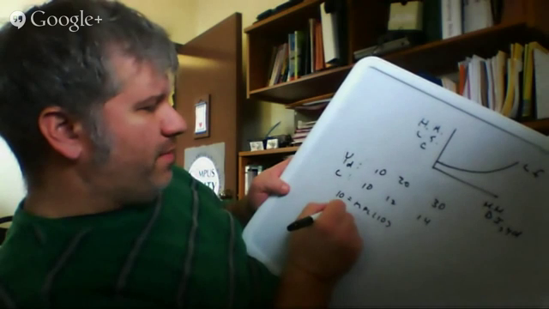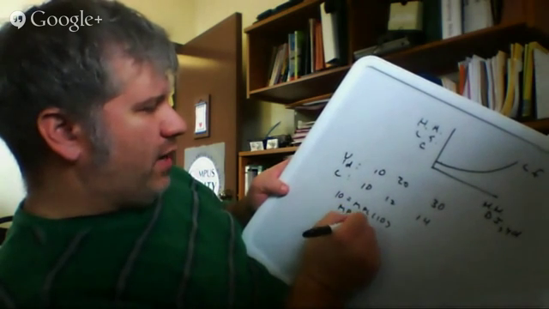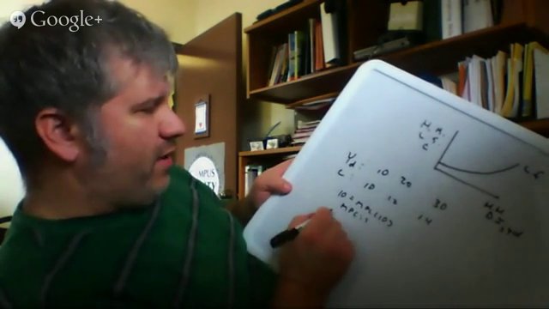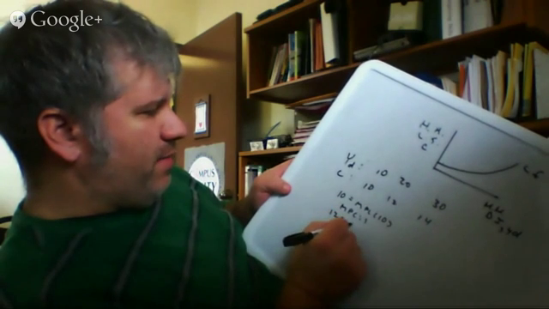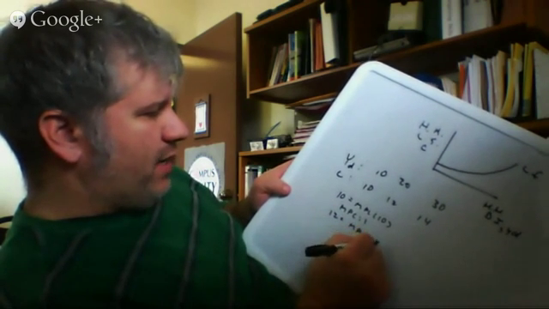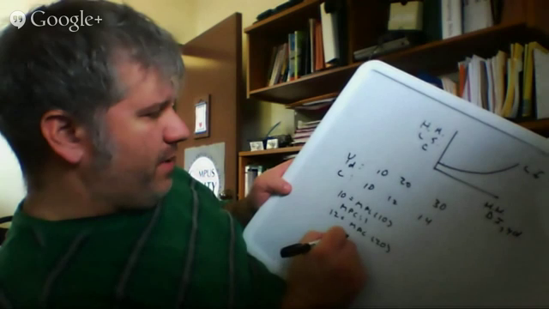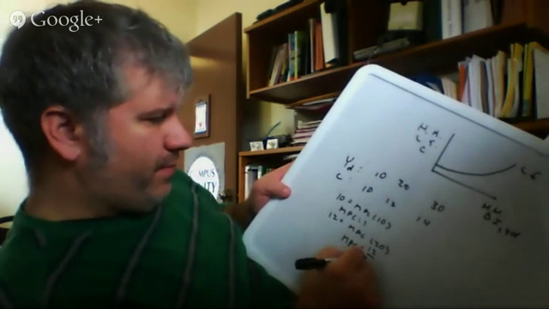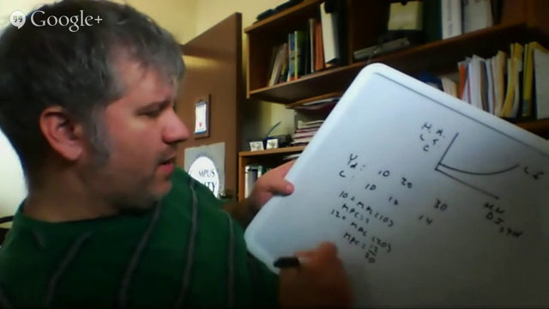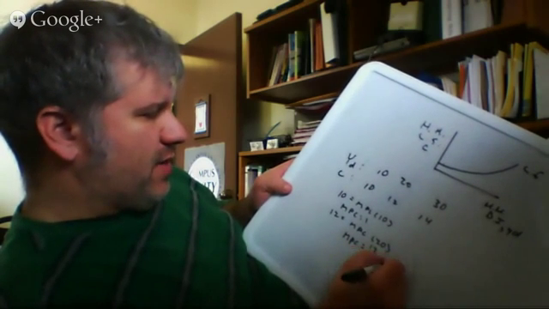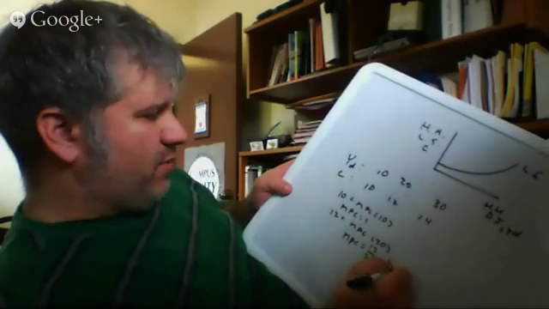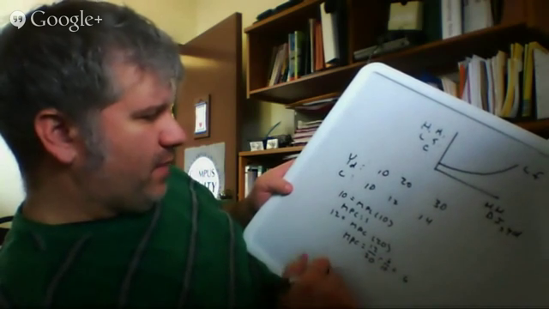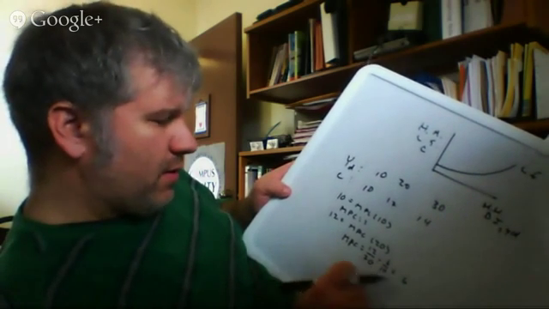This is MPC equals 1. Then we have 12 equals MPC times 20. MPC equals 12 over 20, which is 6/10, which equals 0.6.